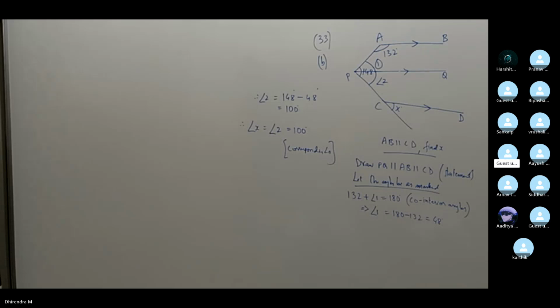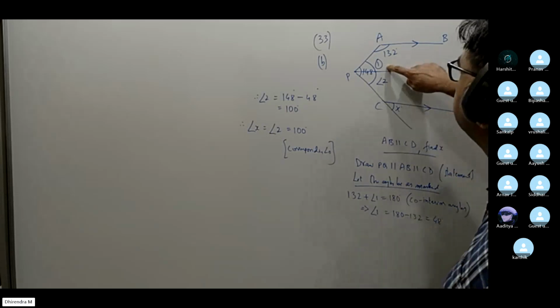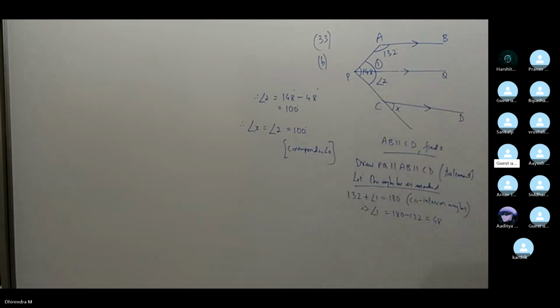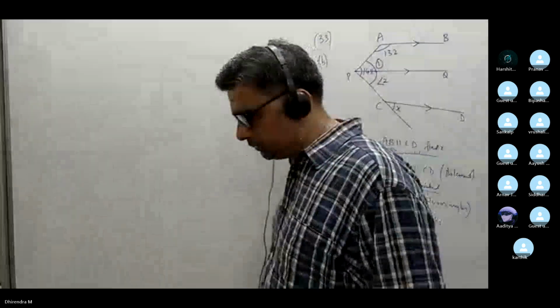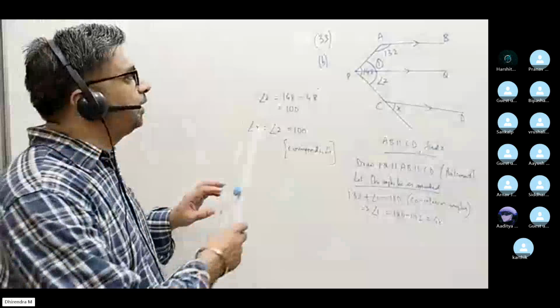Sir, how did we get angle 2 as 100 degrees? Did you follow how we got angle 1 as 48 degrees? Yes, sir. No, I don't think you're sure.